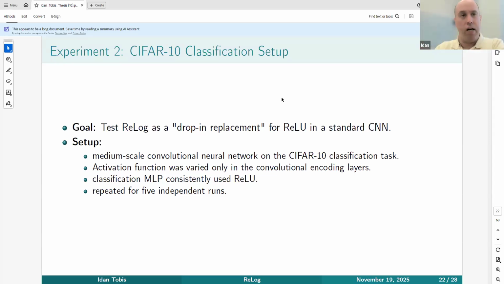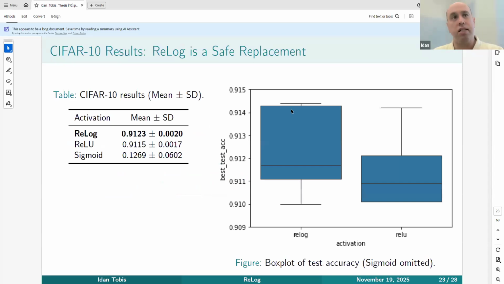It doesn't take a lot of time. And the only variation was the activation function between ReLU and ReLog and the sigmoid. Sigmoid doesn't work very well on that task. And then again, in the classification MLP, we used only ReLU. We did not use ReLog. Now, we repeated that for 5 independent runs to get some statistics.